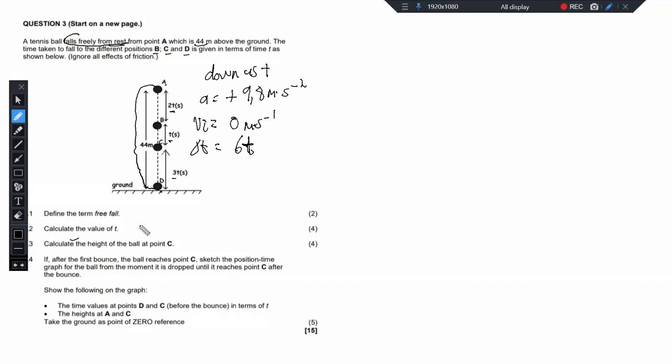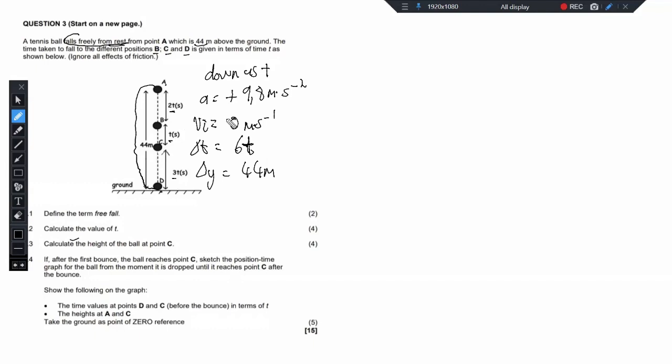Then what are we looking for? We are looking for the value of t, right? And then what else are we given? If we are to look for the whole length of A to D, our delta y is 44 meters. And since we took downward as positive and the tennis ball is going downward, our delta y remains positive like that. Now, it's a matter of looking into your equations of motion, right?